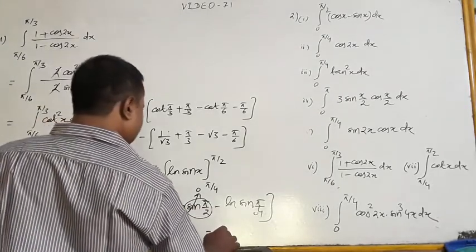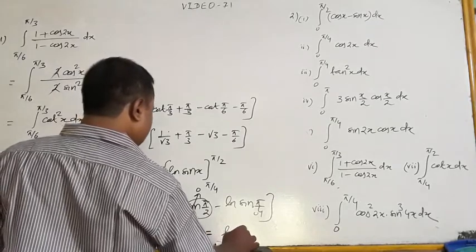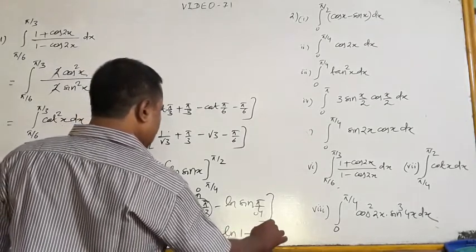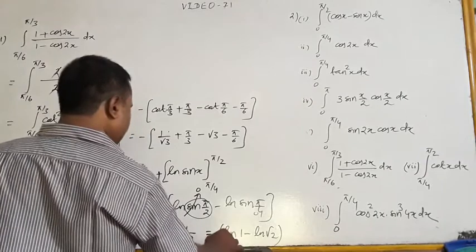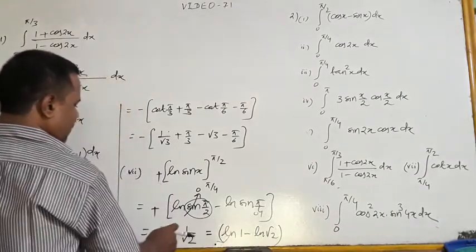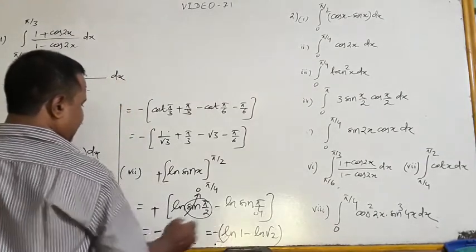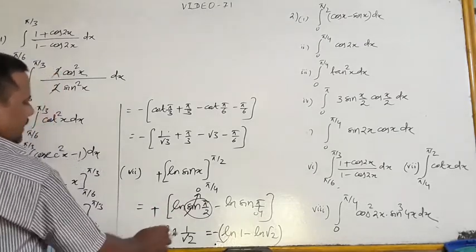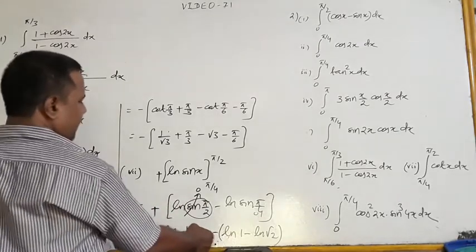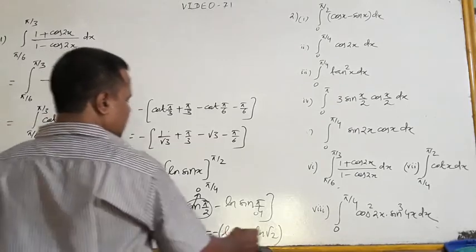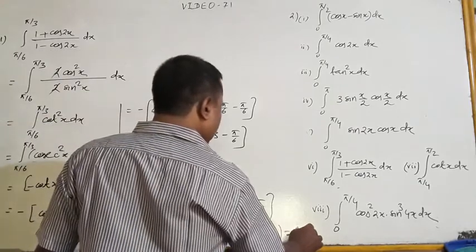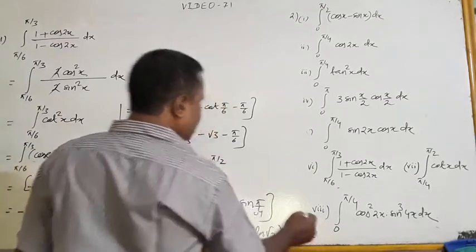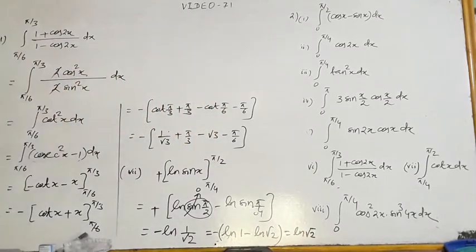That is ln 1 minus ln root 2. इसका पहले माइनस है, so it is 0 minus ln 1 by root 2. It is ln 1, ln 1 is 0. Then it is ln root 2. Root 2 means 2 to the power half. Half ln 2 is the answer.